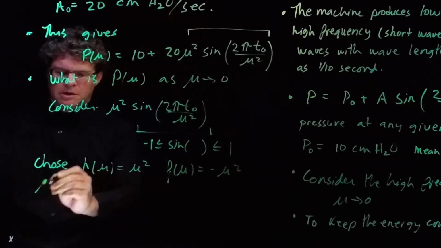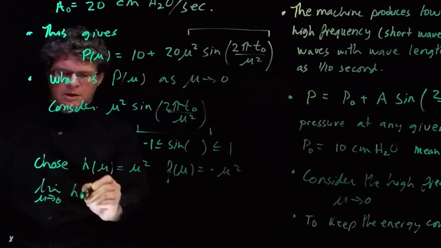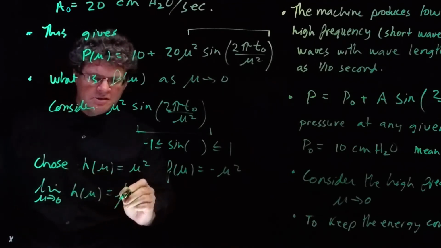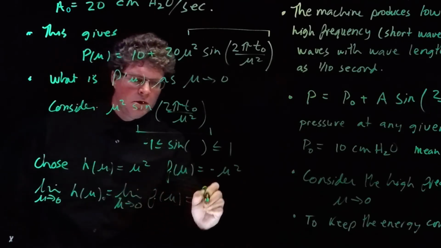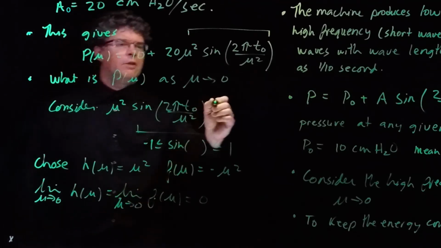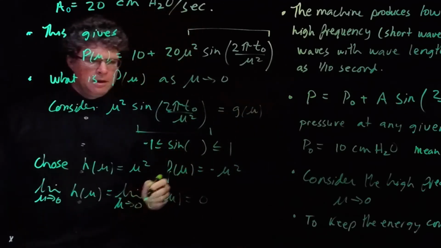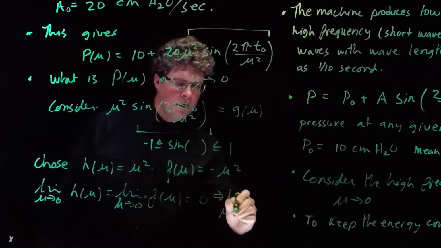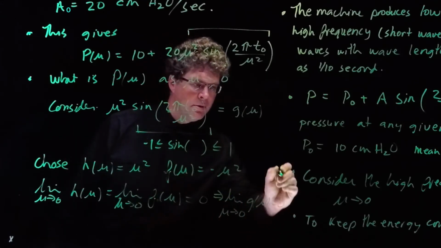And so the limit as mu goes to 0 of h of mu is equal to the limit as mu goes to 0 of f of mu is equal to 0. We call this function g of mu. So this implies the limit as mu goes to 0 of g of mu is equal to 0.